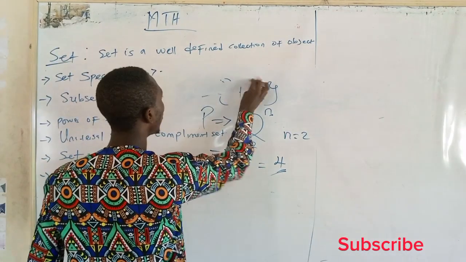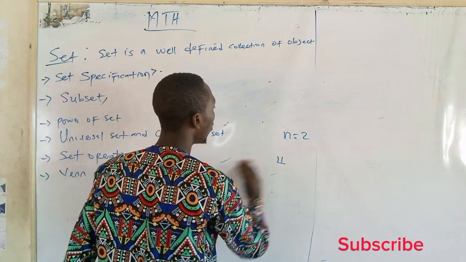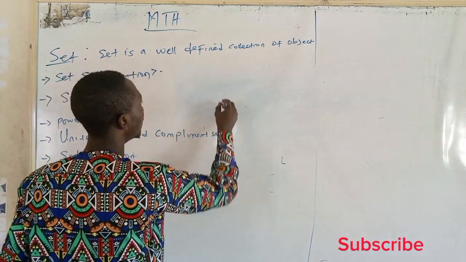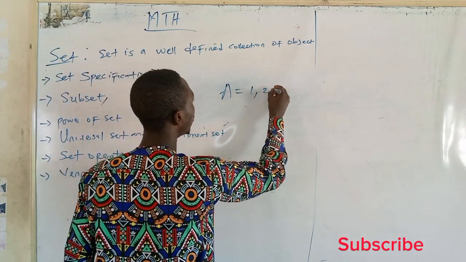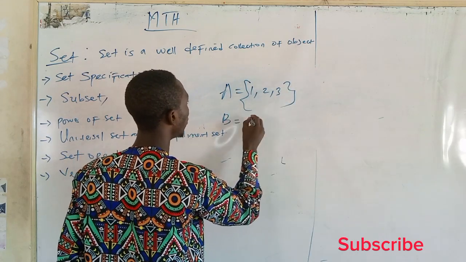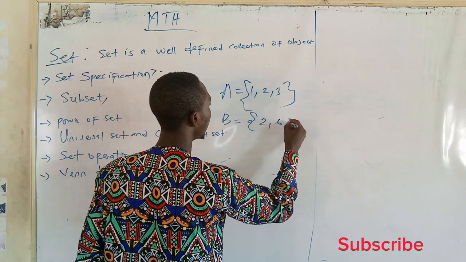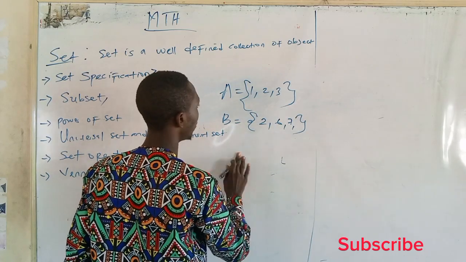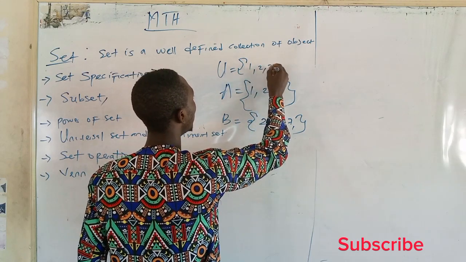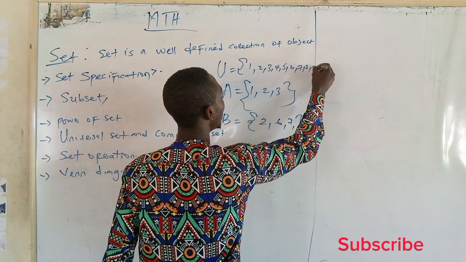Now I'm moving down to universal set. Now what's the universal set? For instance, let's say we have set A to be 1, 2, 3 in curly brackets. B is, let us say, 2, 6, 7 in curly brackets. Then we now have set U: 1, 2, 3, 4, 5, 6, 7, 8, 9, 10.